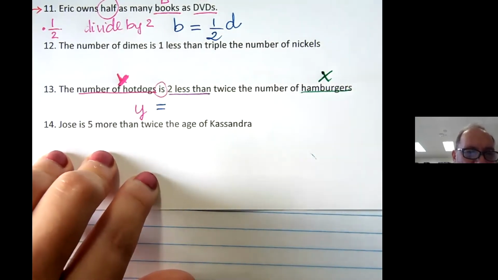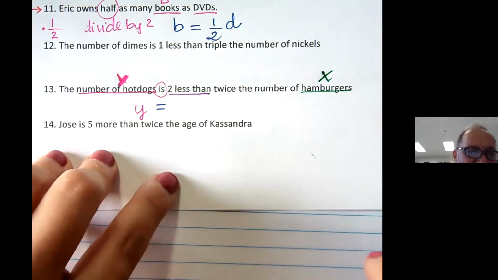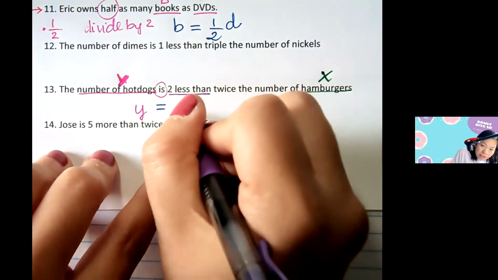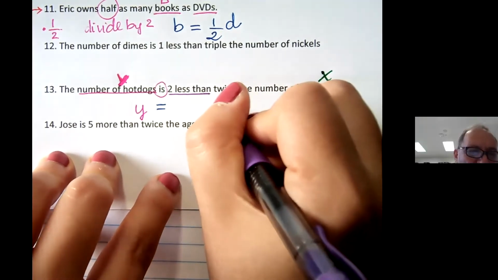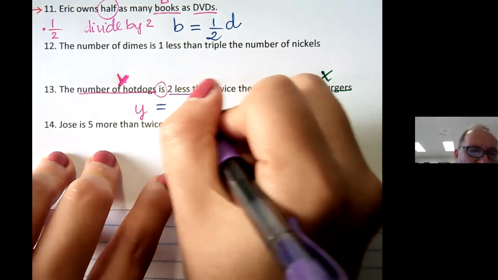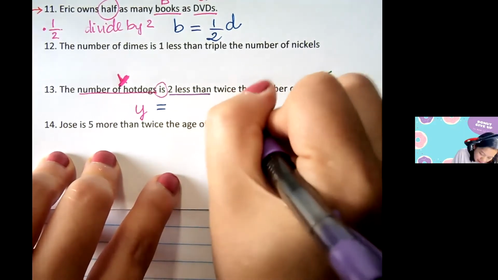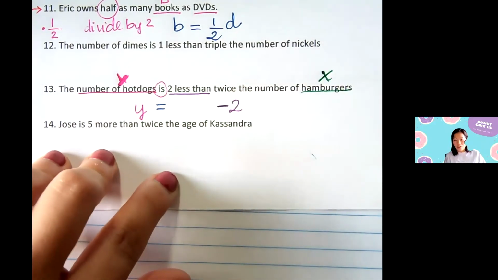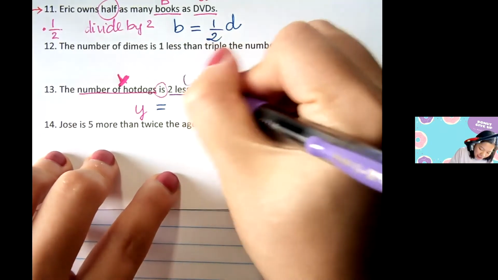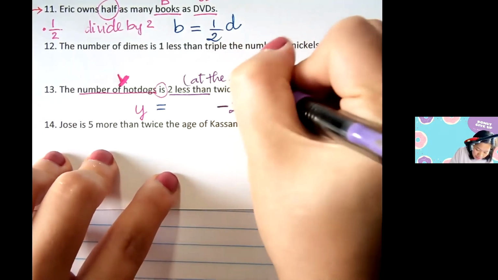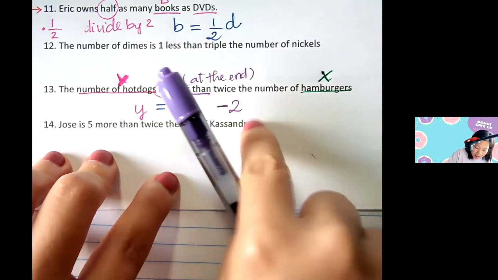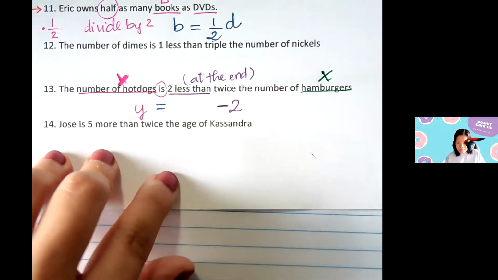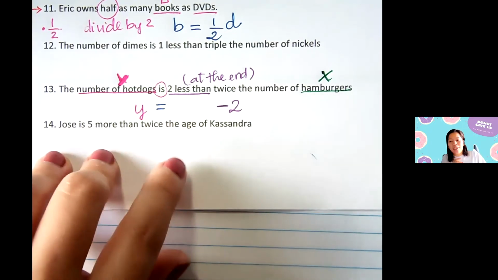So we start with the variable and then -2. Okay, thank you. So 2 less than, we put them at the end. Don't forget, okay? Every time you have something less than, you put them at the end. Very good. Good job, Mr. Sawan. You have 2 less than, so you subtract 2.